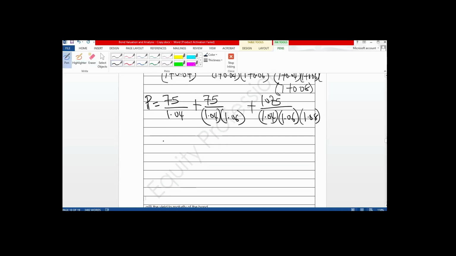Therefore, my P is equal to, please divide, 75 divided by 1.04. That will give me 72.1. Plus 75 divided by 1.04 and 1.06.